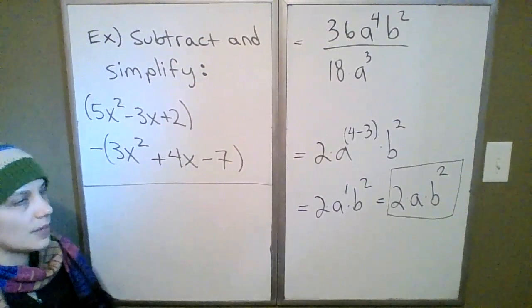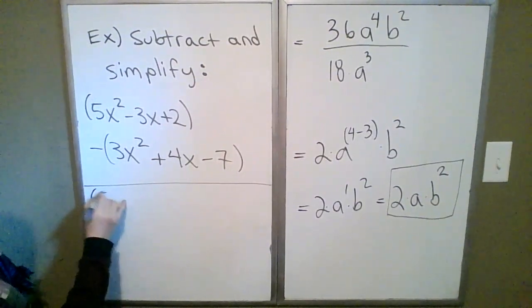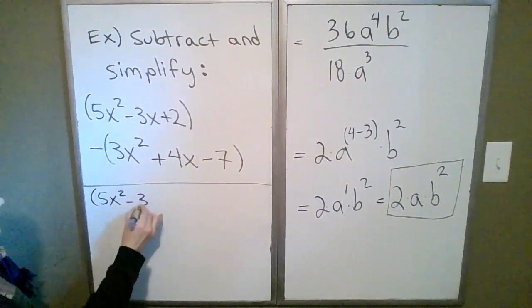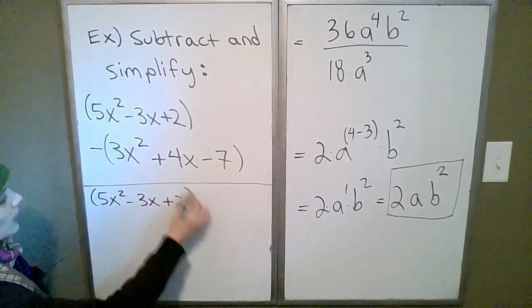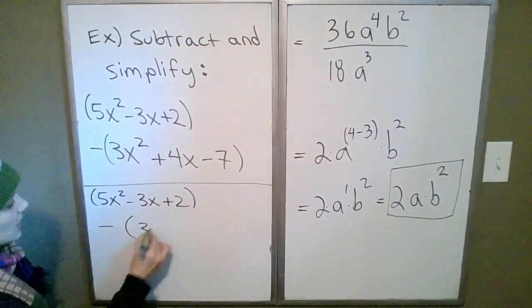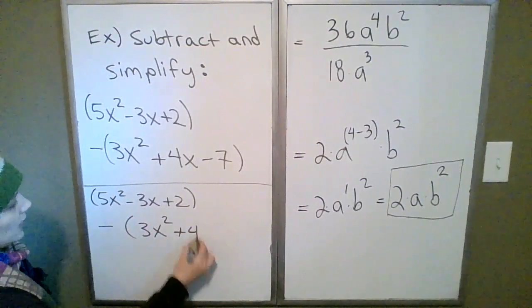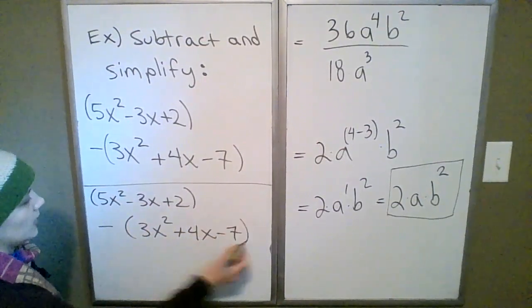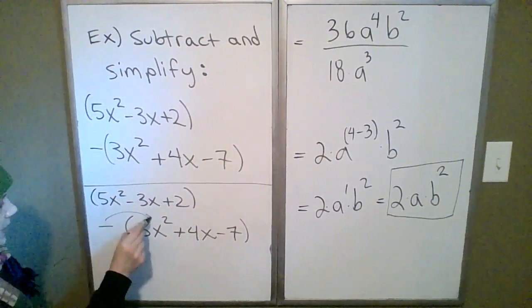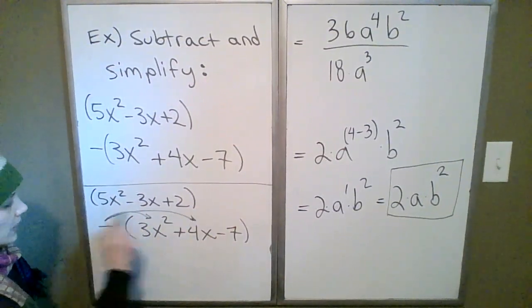So we take this, I'm just going to copy it again. There's 5x squared minus 3x plus 2. We're subtracting the 3x squared plus 4x minus 7. I need to distribute this negative sign to all 3 terms.